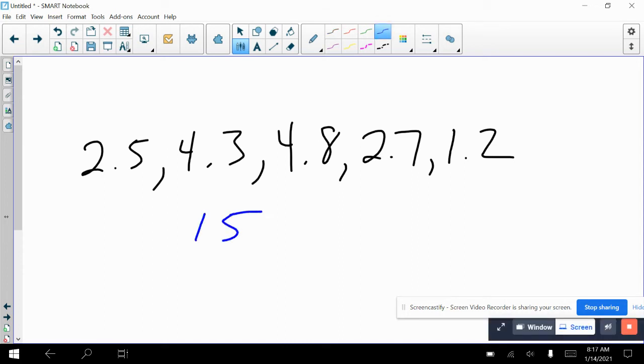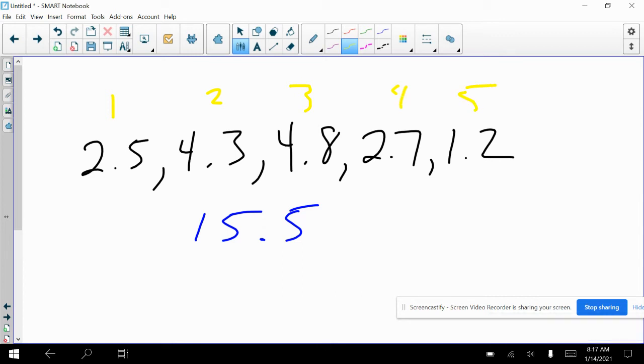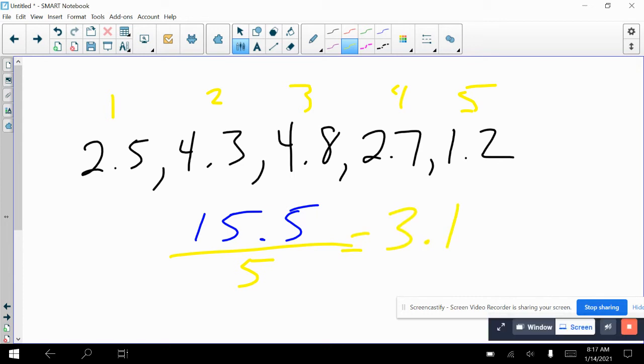Okay, if we add those up, we get 15 and 5/10. And again, we've got 1, 2, 3. This time we have 5 numbers in our data set. We divide by 5. Now our average, or our mean, comes out to be a decimal.